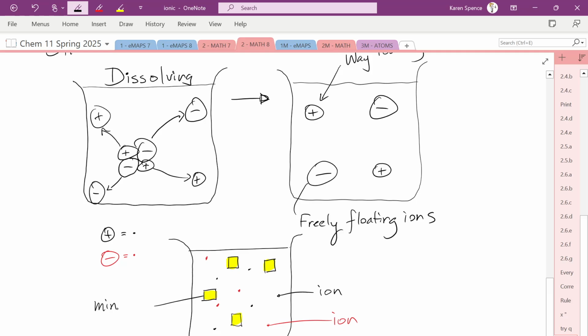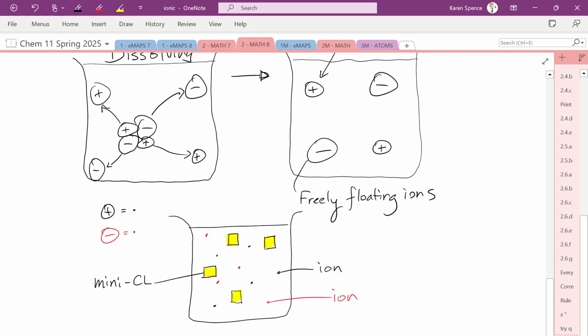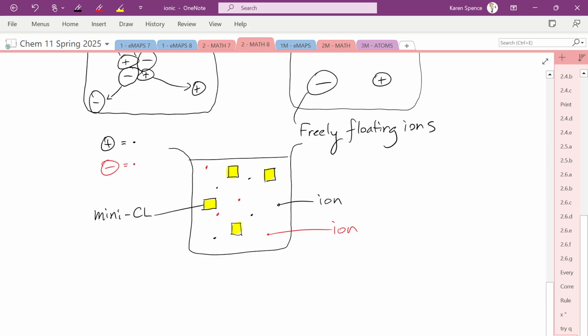What does CL stand for? Crystal lattice. So we have little mini crystal lattices and we have ions. Okay? So we heat and we stir and we get that.